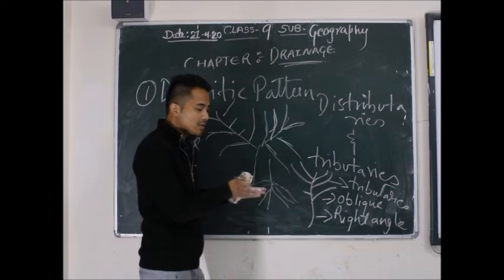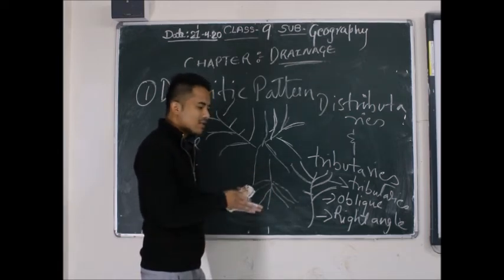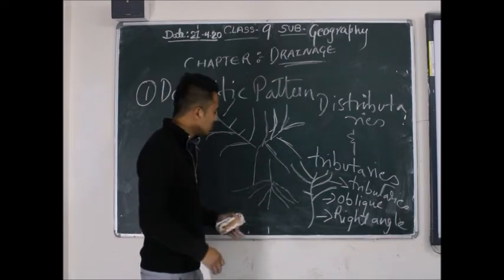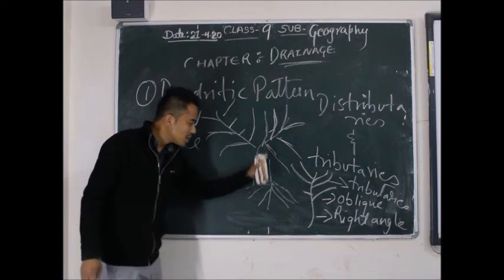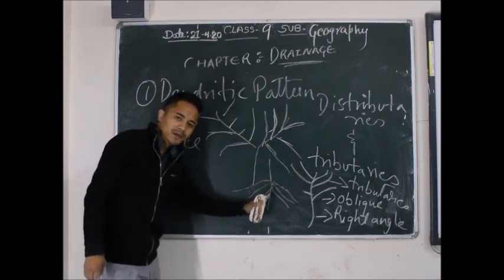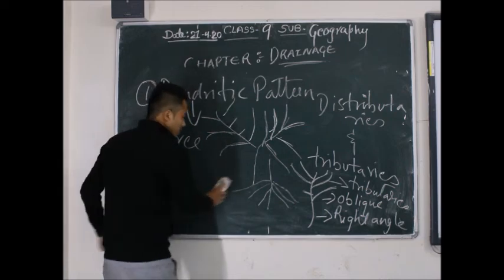It makes its way in different angles, or it separates, or it distributes. The name itself says distributaries, meaning the river flows down, and when it reaches the plains, it distributes. Okay, outward movement of the river.